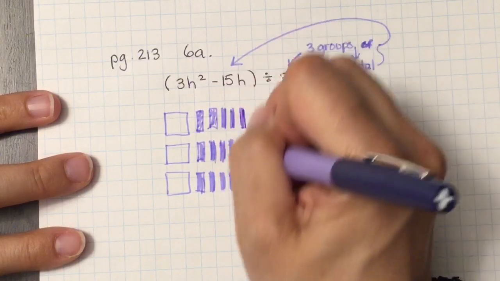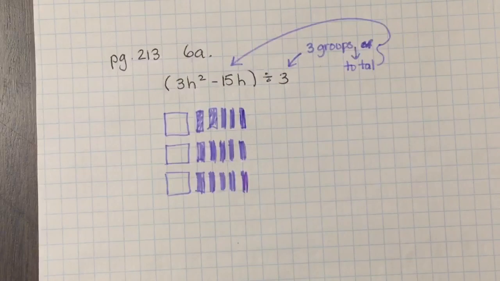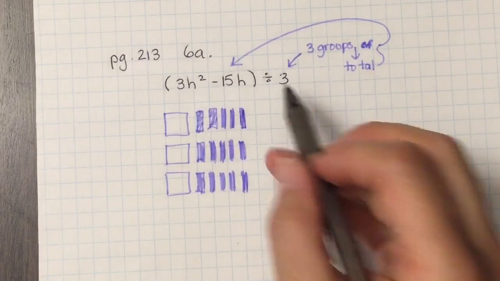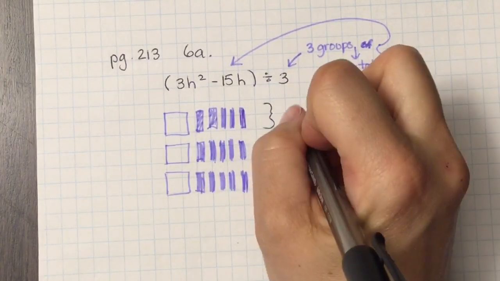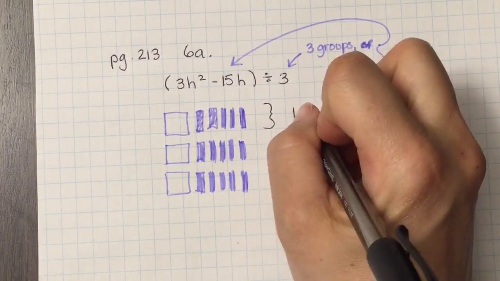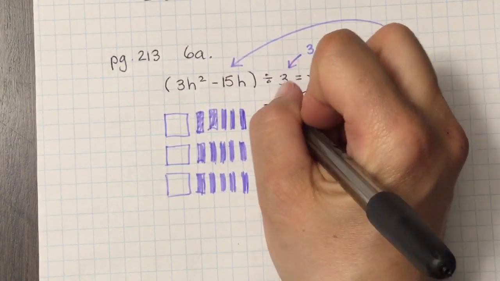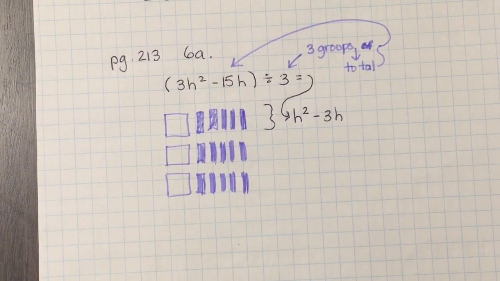I'm not drawing very nice rectangles. 13, 14, 15. Okay, so what is 3h squared minus 15h divided by 3? Well, it's one of these. So that would be h squared minus 3h. Okay, there we go. Nice job. Now you have the skills that you need to multiply and divide by a constant. Awesome.